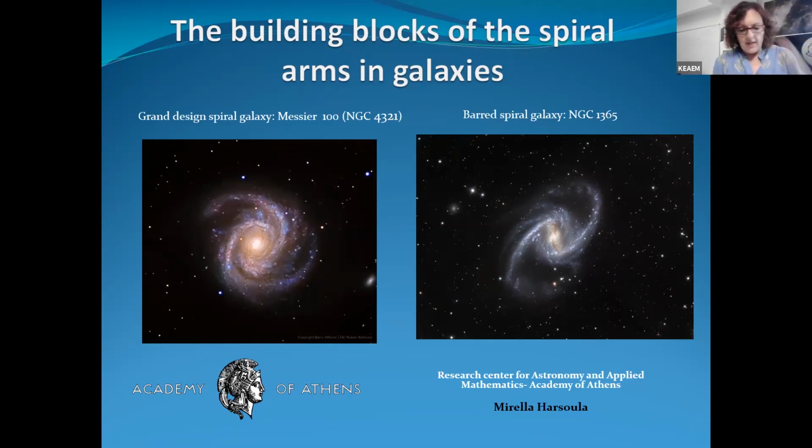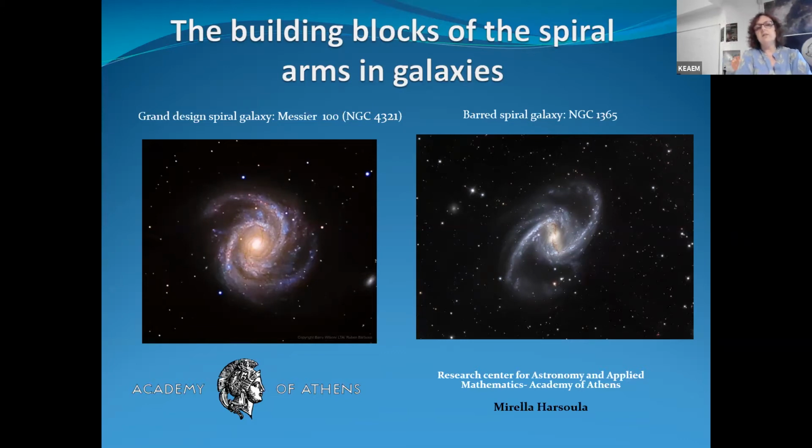Now, as one can see by eye, the spiral structures of these two different types of galaxies have very different shapes. So nowadays, there are two different theories that prevail for each case.